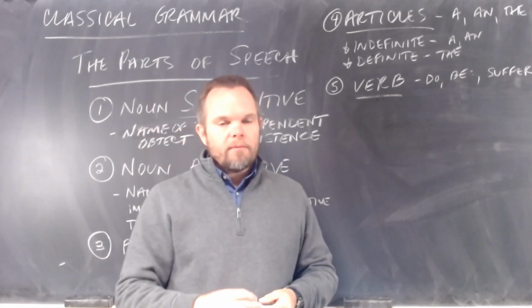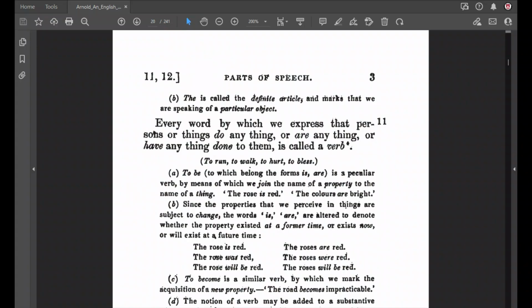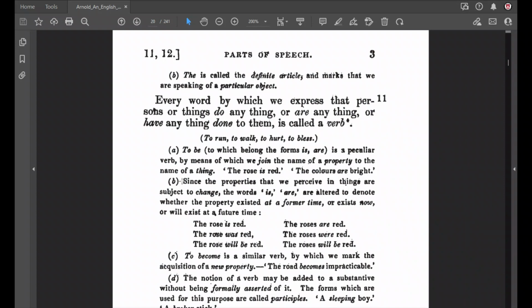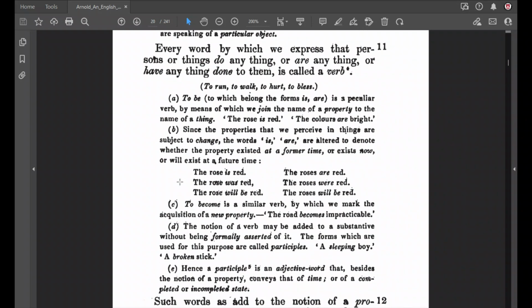And then there are a bunch of notes in our textbook about verbs. So let's take a look at them. Under paragraph 11, you see note A. To be, to which belong the forms is and are.